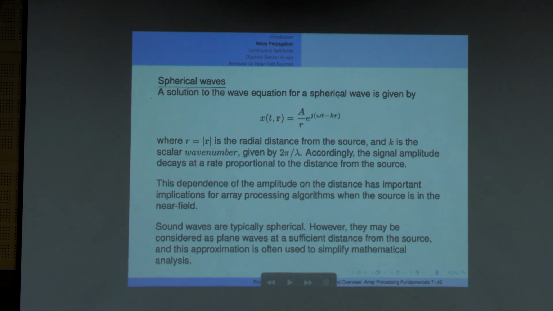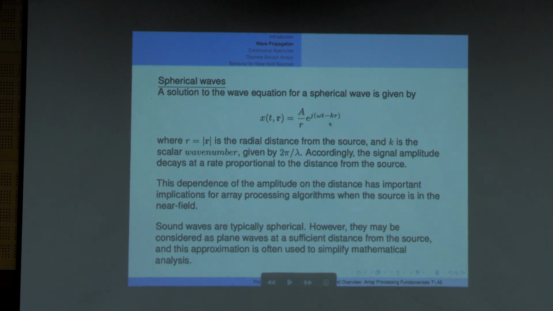So we see the difference. There is a big difference between a spherical wave and a plane wave. In the spherical wave, you see that the amplitude decays with the distance from the source. So it's A divided by R, where R is the distance from the source. And also, it doesn't propagate in a certain direction, but it propagates in all directions.